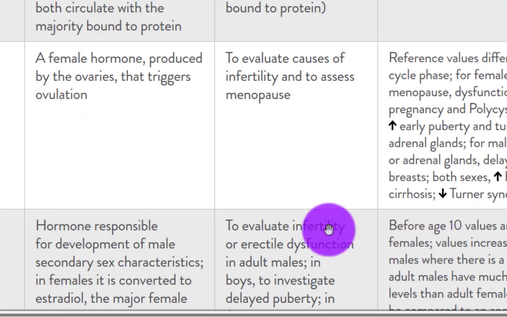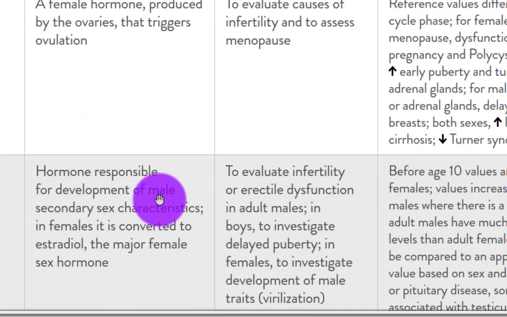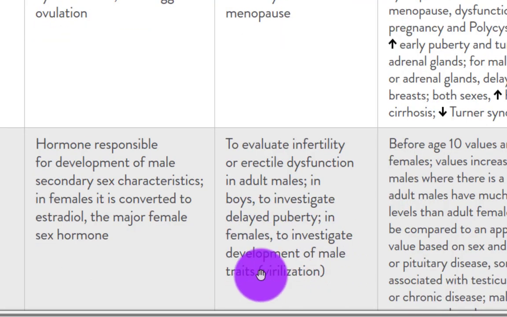Decrease in Turner syndrome. Testosterone, a hormone responsible for development of male secondary sex characteristics. In females, it's converted to estradiol, the major female sex hormone. To evaluate infertility or erectile dysfunction in adult males. In boys, to investigate delayed puberty. In females, to investigate development of male traits, virilization before age of 10.